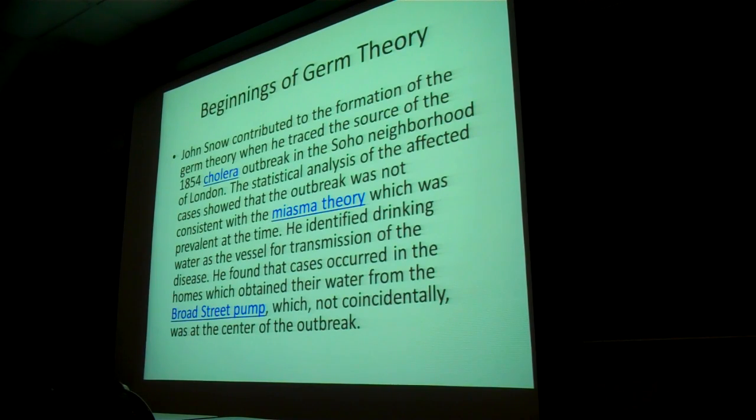It was a big part of the city, but the center of it was this well. So he suspected that was the problem. Something was in the water that was getting people. So he basically was the one who spelled the death throes of miasma theory when he was able to prove this was true.